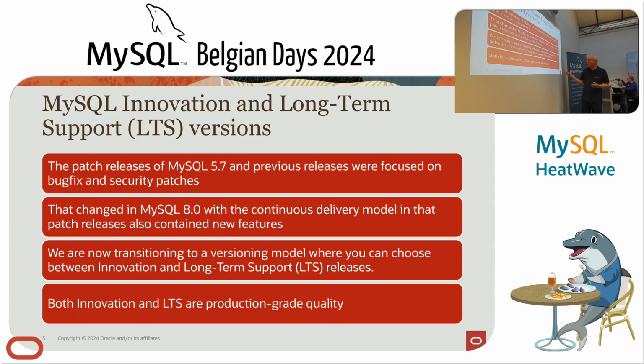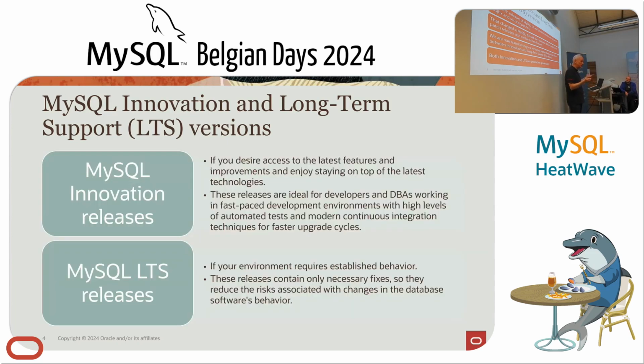The key point here is that both innovation and LTS releases are production-grade quality, so they are supported in the sense that you can have your Oracle support contract support for both. So why use an innovation release?